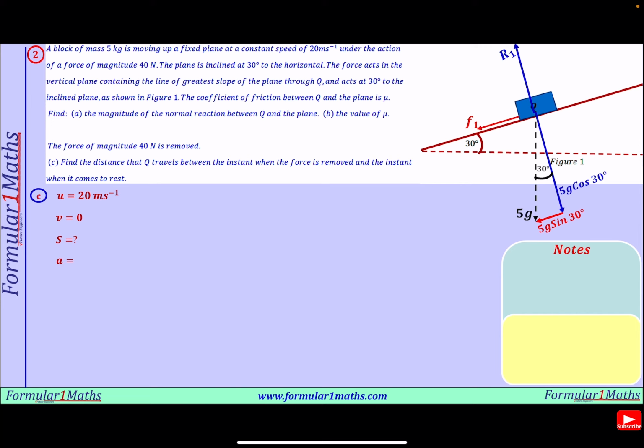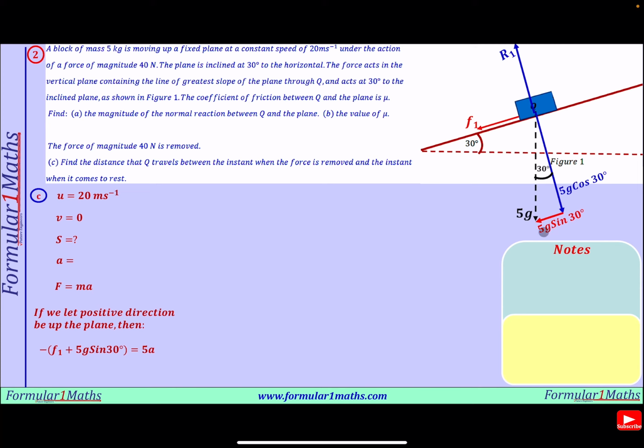So we can now go and use Newton's second law to find the acceleration. So F equals ma, and taking the positive direction to be the direction up the plane, we can say the force opposing the motion and which will ultimately bring the block to rest will be F1 plus 5g sin 30.